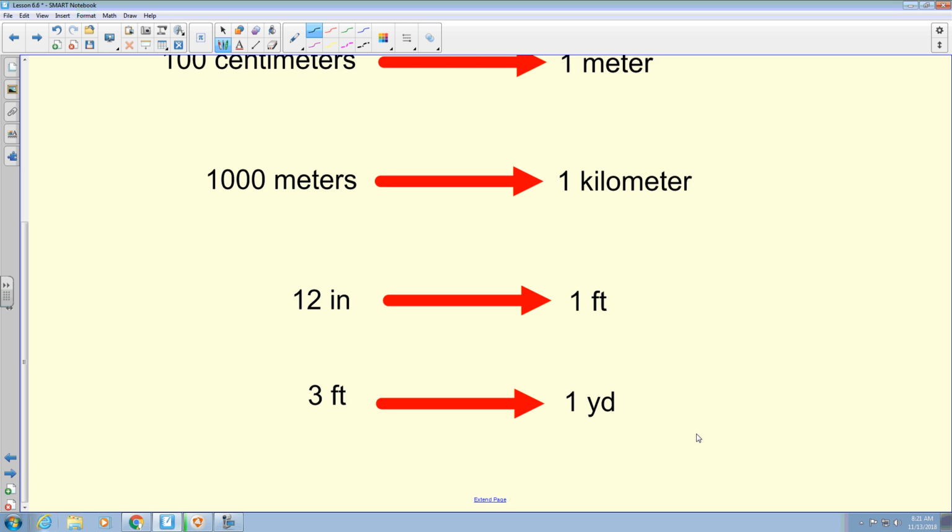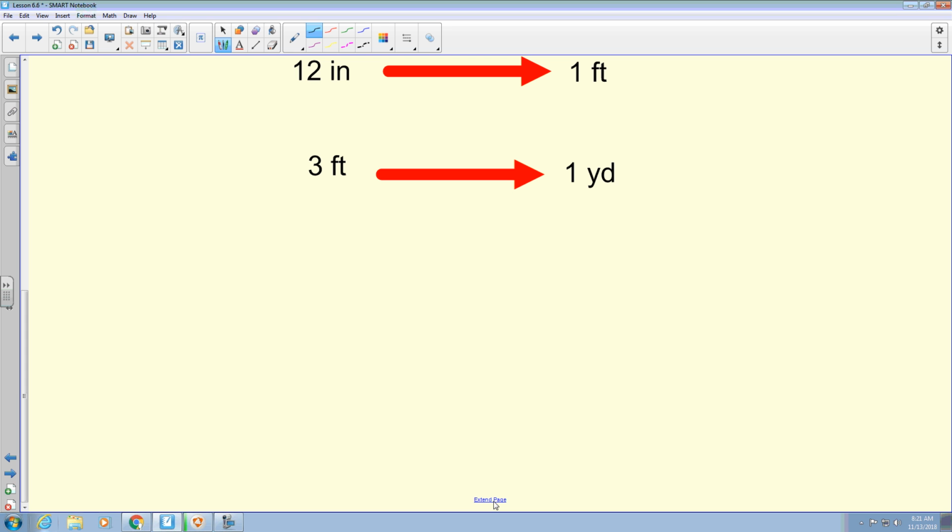We can add some more to this. We can say that 5,280 feet is the same as 1 mile. And we can add some periodically, and you can look things up too as we go along.